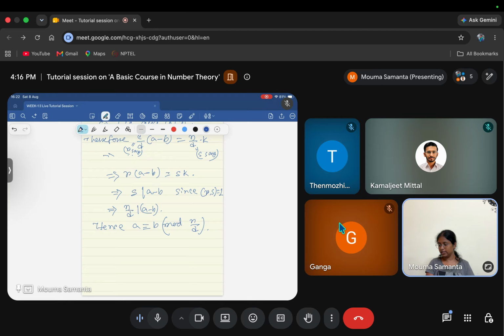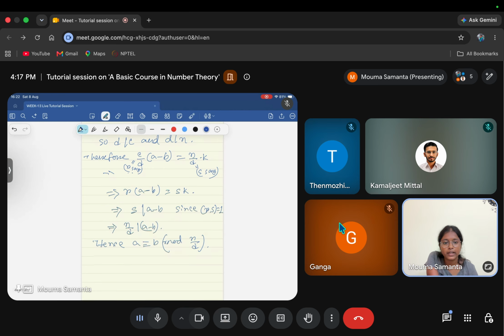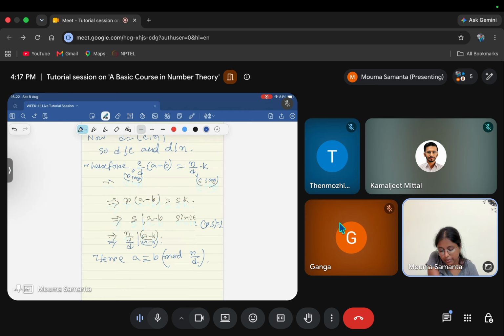And then let's try another theorem. Okay, so any doubt in this statement?